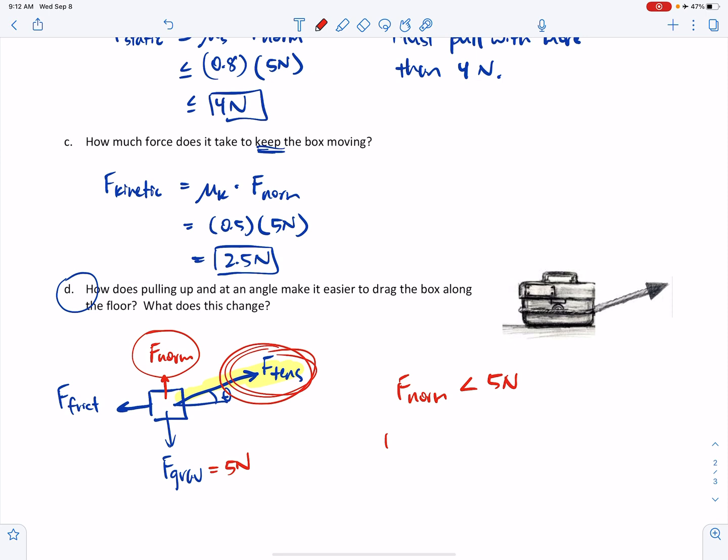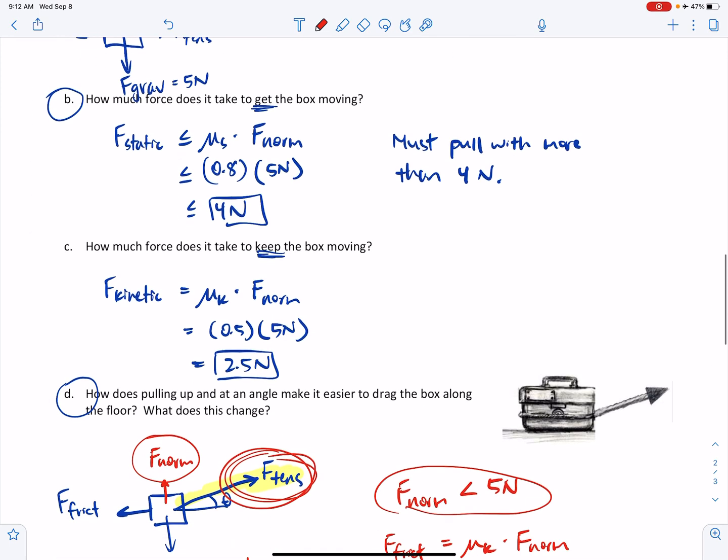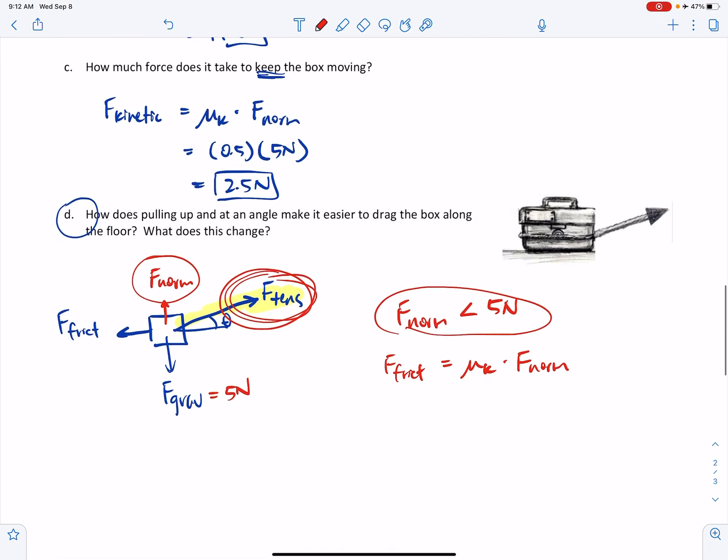Well, remember, the force of friction is equal to some coefficient, and in this case, we'll say kinetic friction times the normal force, right? Well, if the normal force is now less than it was in the previous situation, then if the normal force drops, well then, gosh, the force of friction is going to drop as well, right?